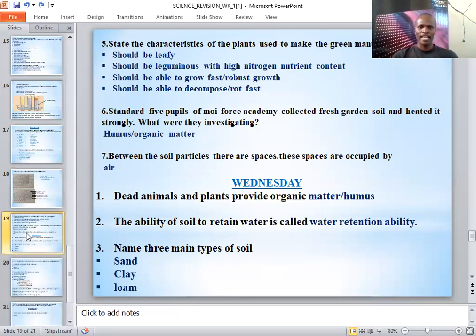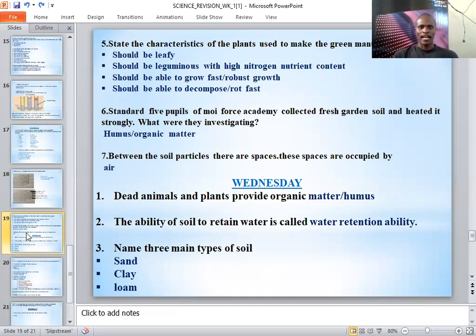They're supposed to supply nitrogen, and that's why we use leguminous plants. Three, they should be able to grow fast, of course. Don't go for plants that take time to grow. They should have robust growth, growing very, very fast. Then finally, they should be able to decompose or rot fast.